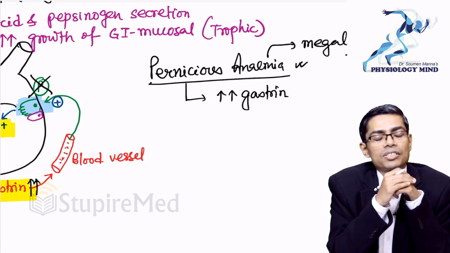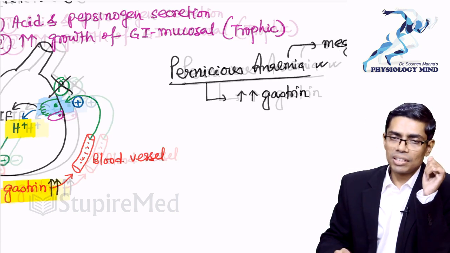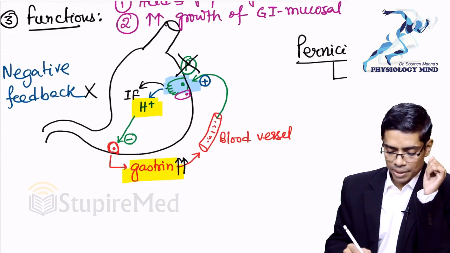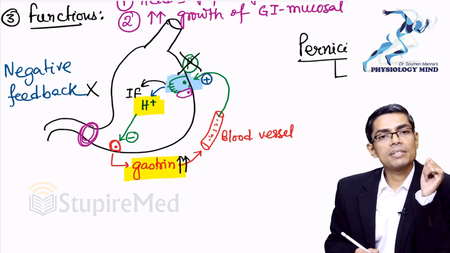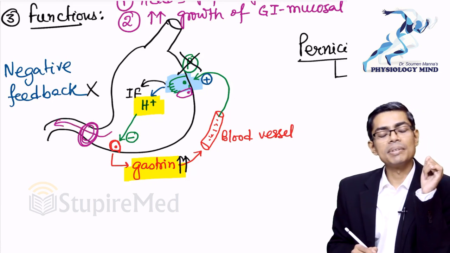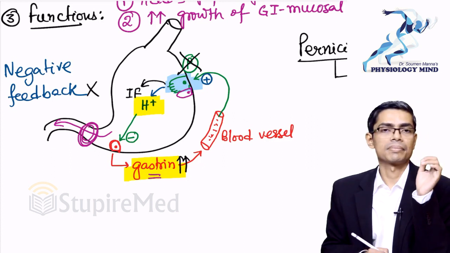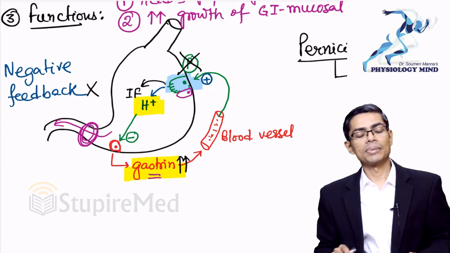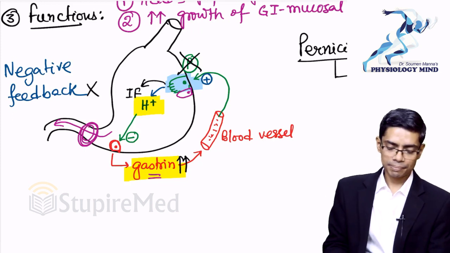This is the third function of gastrin, and already we have discussed one function in the previous chapter, that is relaxation of the pyloric sphincter, so that gastric emptying will be faster in case of gastrin, right? So this is all about gastrin, which you have to remember for your MCQ purpose.